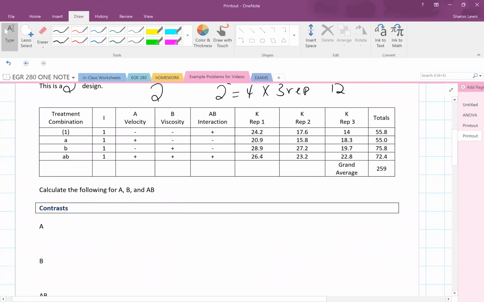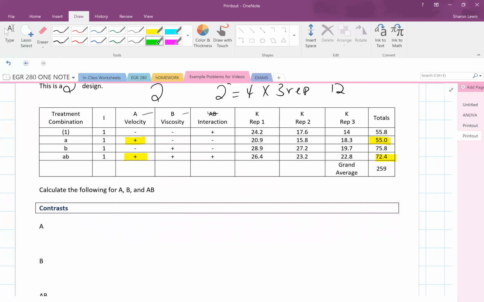First of all, we're going to start by calculating the contrast for A, B, and AB. Now, you can use the formulas, but what I do is I just use these columns because that's where the formula is in there. So let's take a look at column A. Here A is high, and then I'm going to go over to the totals column, high and high. Out of those 3 reps, I created a totals column.